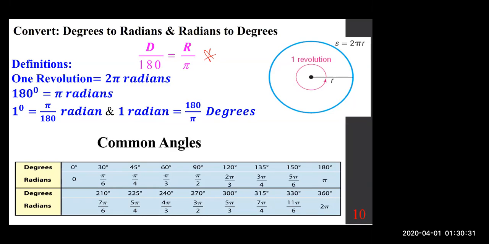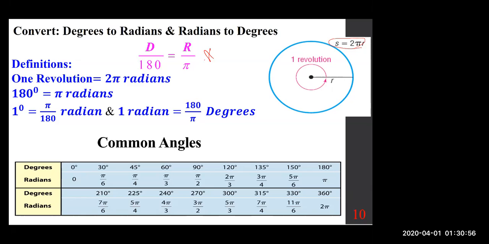By the way, S equals R theta is shown here also, class. Theta is replaced with 2 pi, gives you the arc length that covers a whole revolution, which is called the circumference.